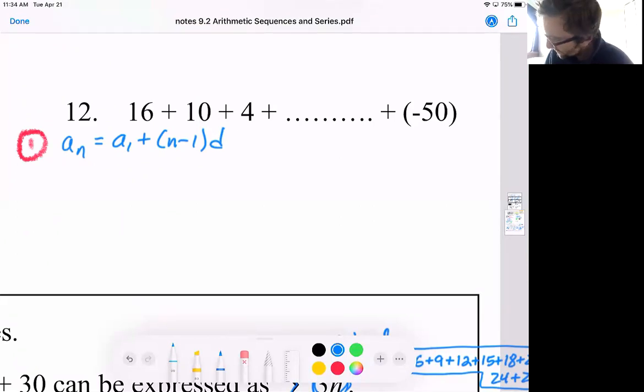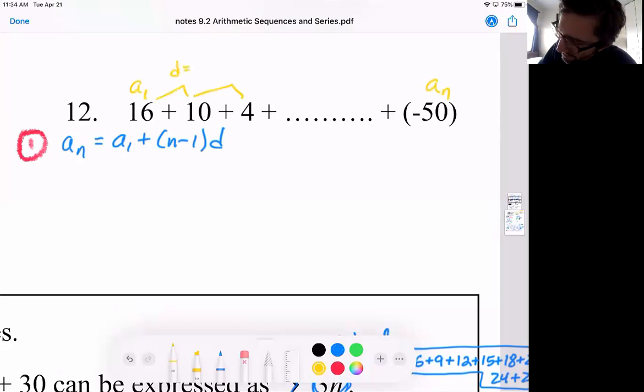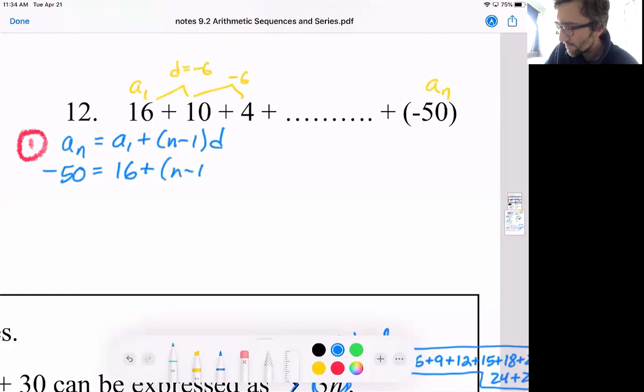So we have a sub n is the last term, a sub 1 is the first term, and then this difference is d. So we're subtracting 6, so d is negative 6. So we have negative 50 is our last term, the first term 16. The number of terms is what we're looking for.